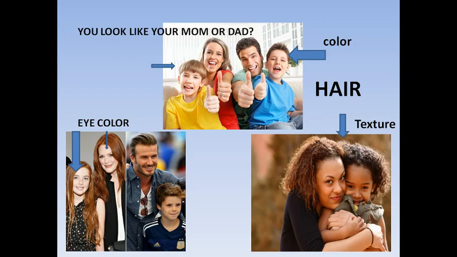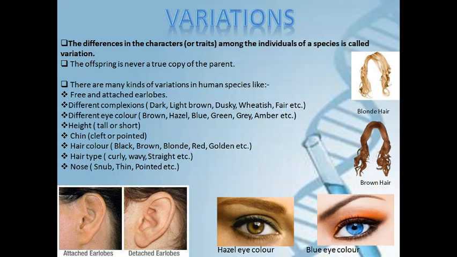I mean, they have many differences if we compare them with their parents. So variations are the differences in the characters among the individuals of the species, and offspring is never a true copy of the parent.